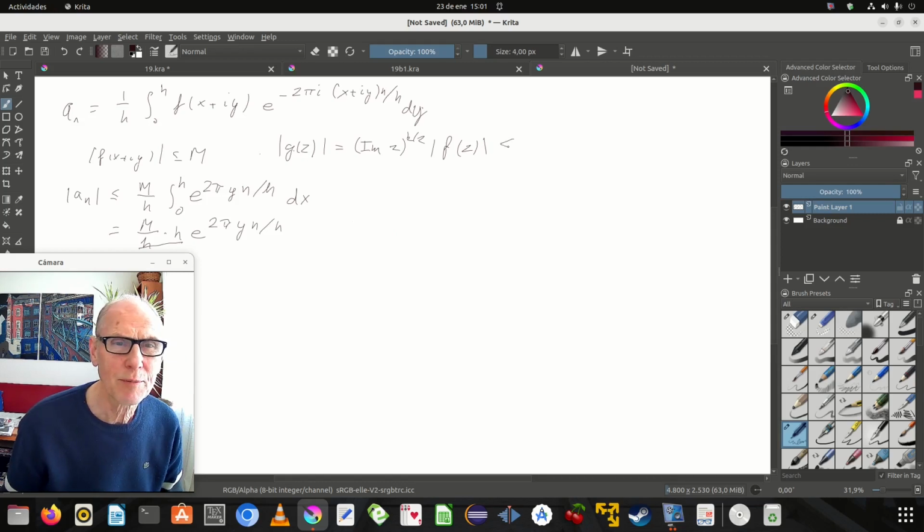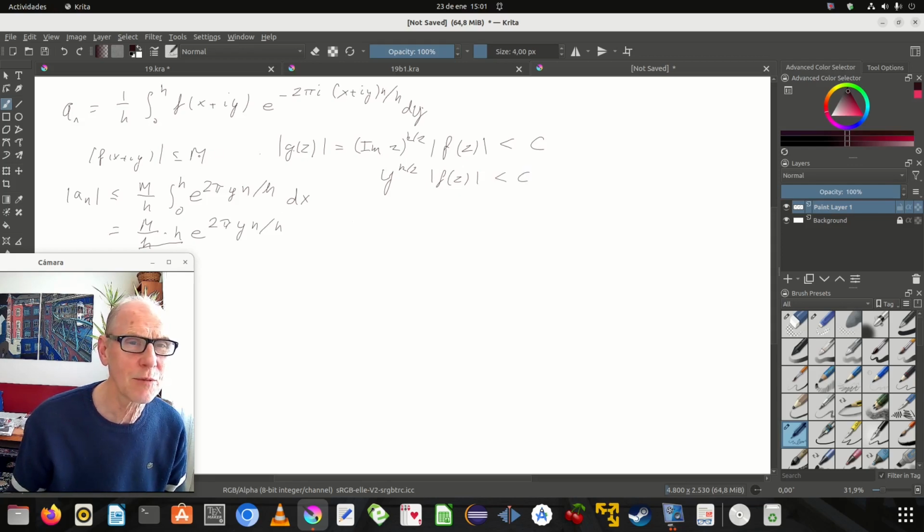So that's what is bounded. And this, of course, equals y to k halves. And that means that the constant we have here is m times y to minus k halves.